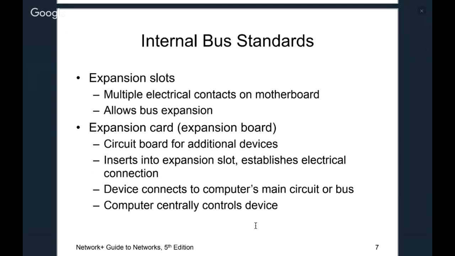Some of you might have installed video cards or sound cards in the past. Those are popular ones that you sometimes have to install. And then the device connects to the main circuit board on the bus and goes to the central operating system, which is a processor, the Intel processor, AMD processor.